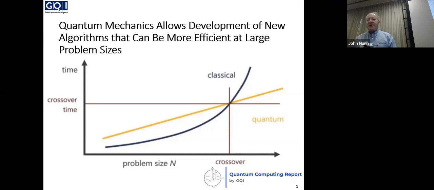But perhaps another example is, let's say you want to take that unordered list and sort it. There are algorithms, they teach this in college, one of the simplest is called a bubble sort. And if that list is n long, it's n squared number of operations you have to do to sort that list.